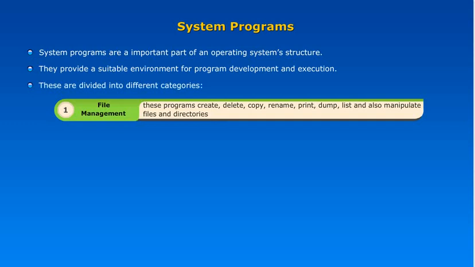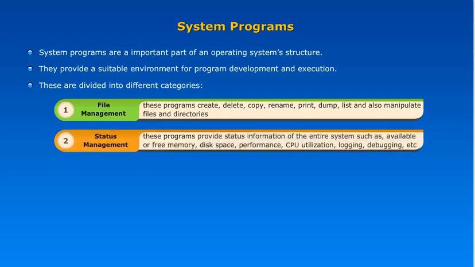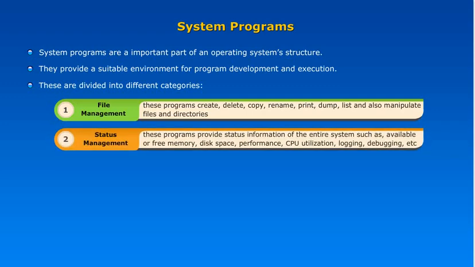These programs create, delete, copy, rename, print, dump, list, and also manipulate files and directories. Status management. These programs provide status information of the entire system, such as available or free memory, disk space, performance, CPU utilization, logging, debugging, etc.